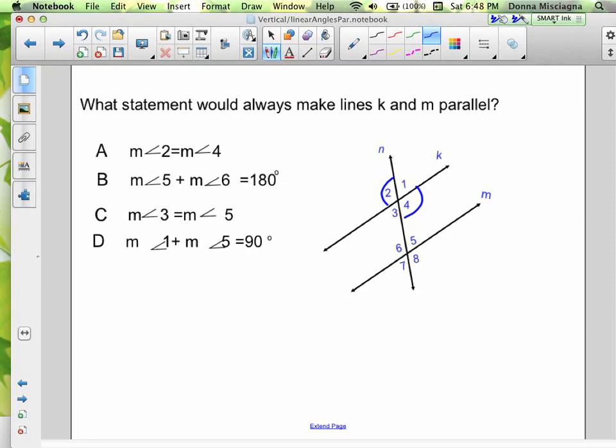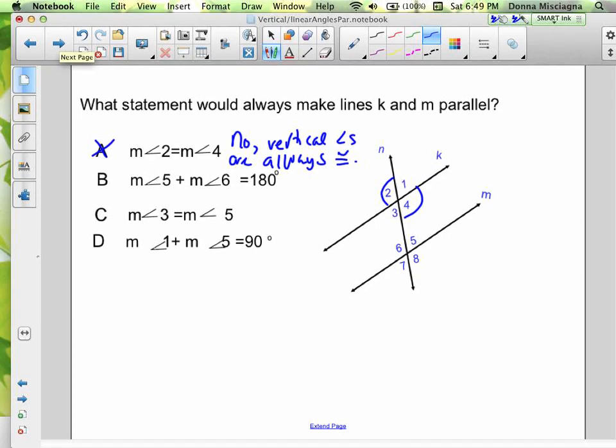So this is a no. Vertical angles are always congruent, right? So that doesn't mean our lines are parallel, right? That'll be true all the time. Always true.